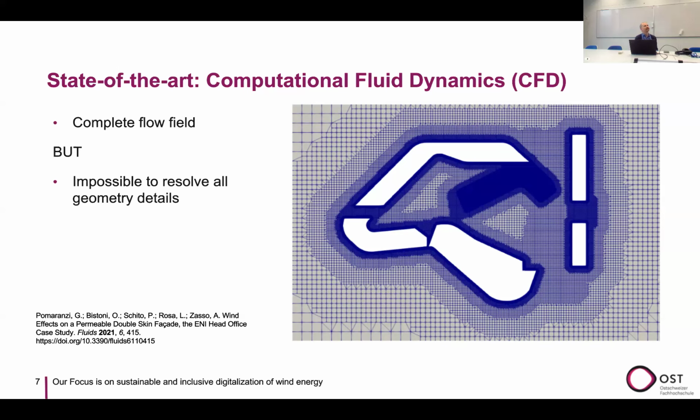But the thing is, these are steady state, but with the turbulence length scale on big buildings, the scale of turbulence is around 50 or 100 meters.